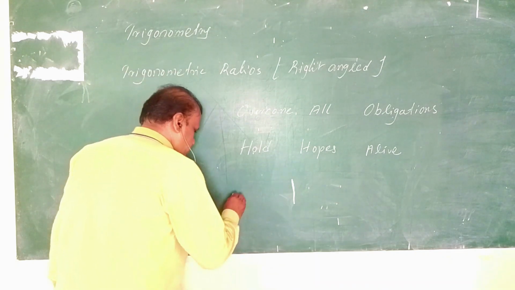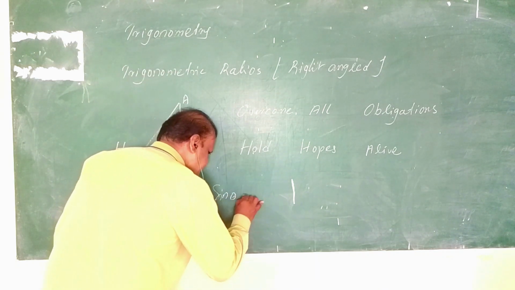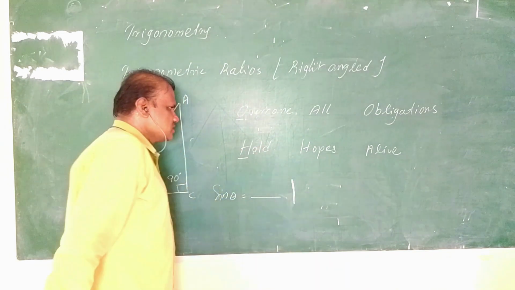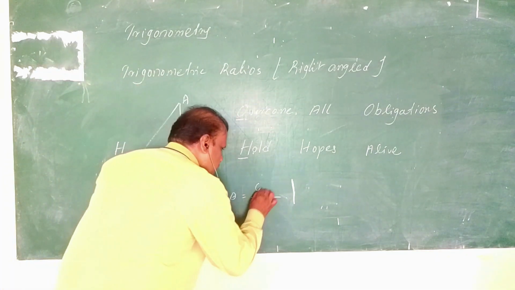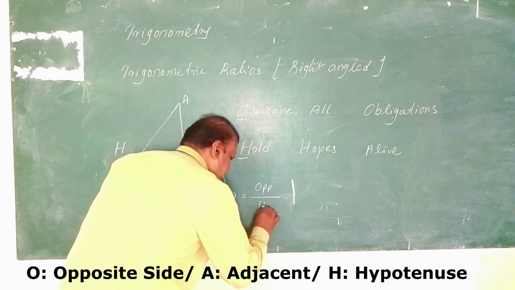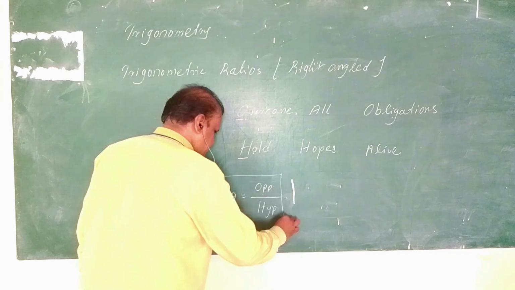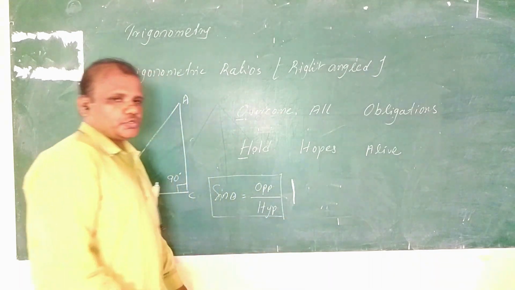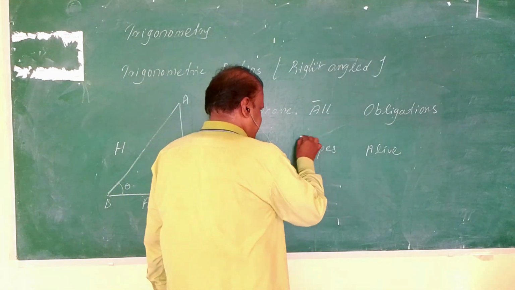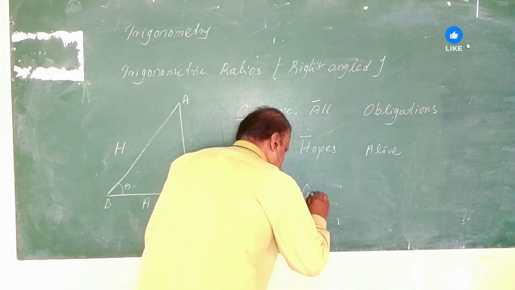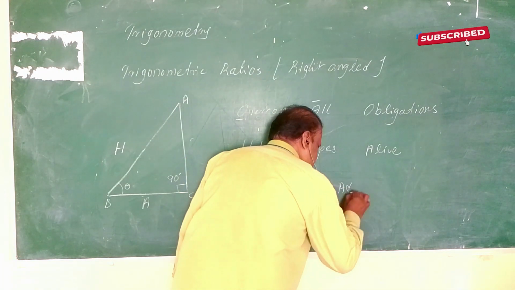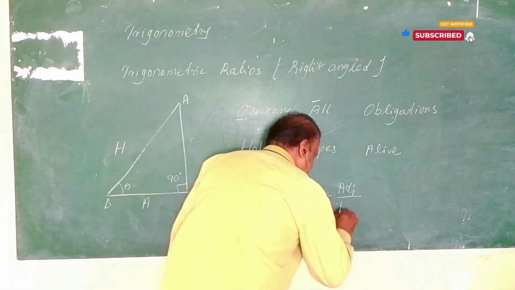First, I am going to define sine theta. Here you can see this is O, this is H. O means opposite side. Therefore, sine theta is opposite side divided by hypotenuse. This is the first ratio. Then you can see A and H. Moving to the next ratio, cos is adjacent divided by hypotenuse.